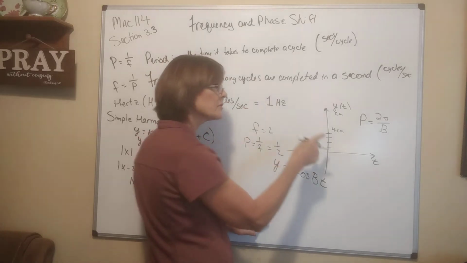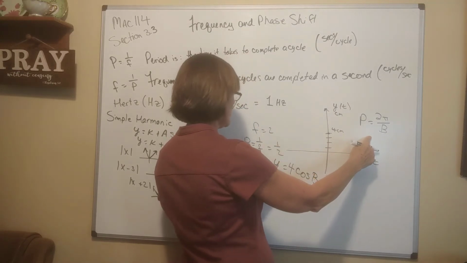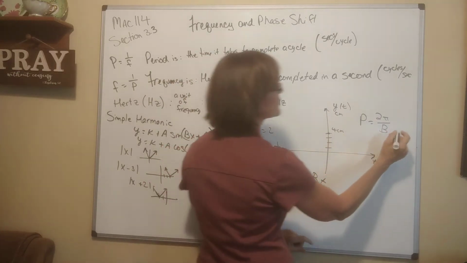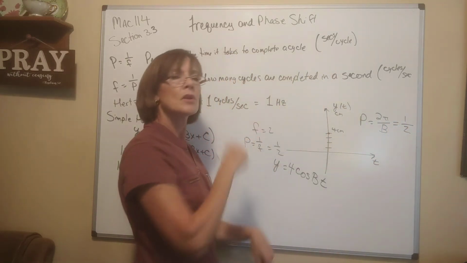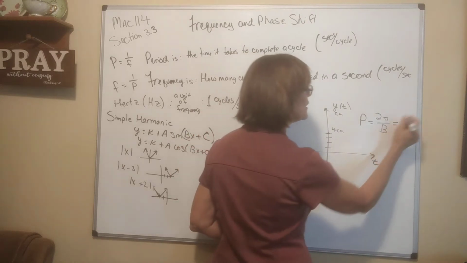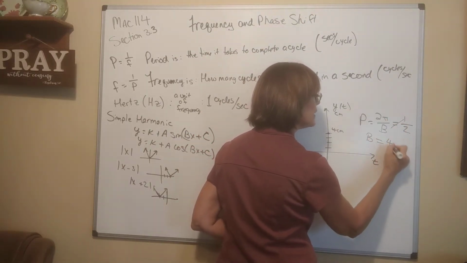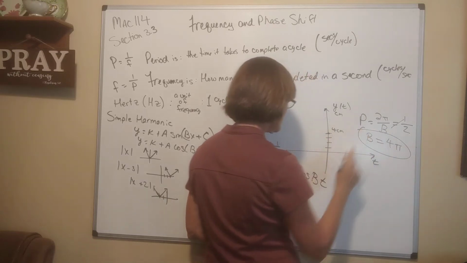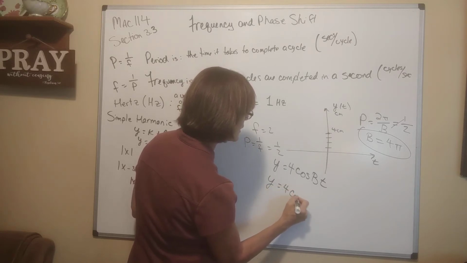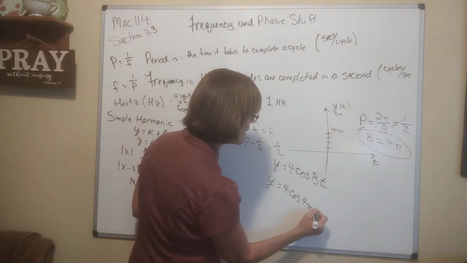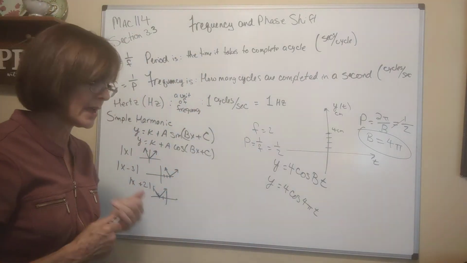So we say, in general, the period is 2 pi over b. For this problem, the period is 1/2. So we say 2 pi over b is equal to 1/2. And we can cross multiply and solve for b. b times 1 is equal to 2 times 2 pi, 4 pi, and this is the b that we put in here. So our equation is y equals 4 cosine of 4 pi t. And so that's how you can do a problem like that.